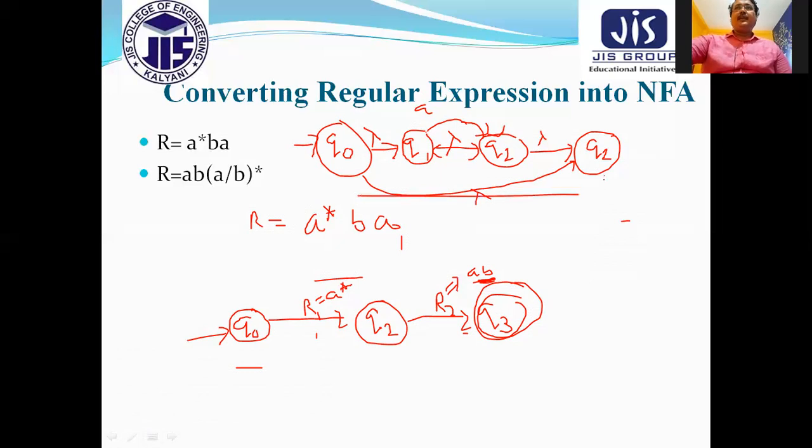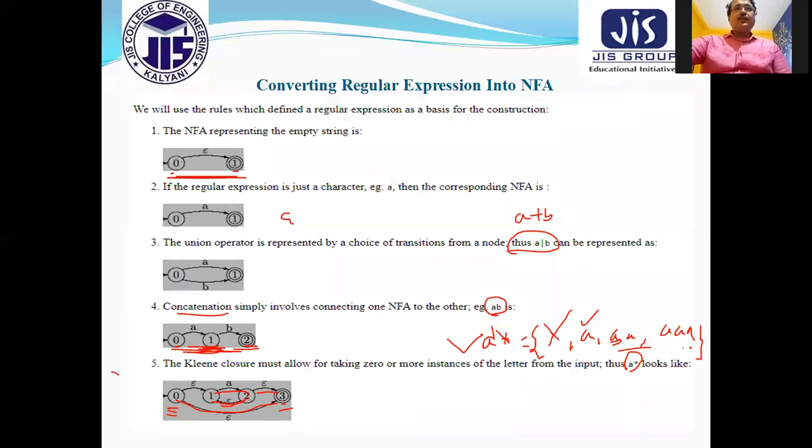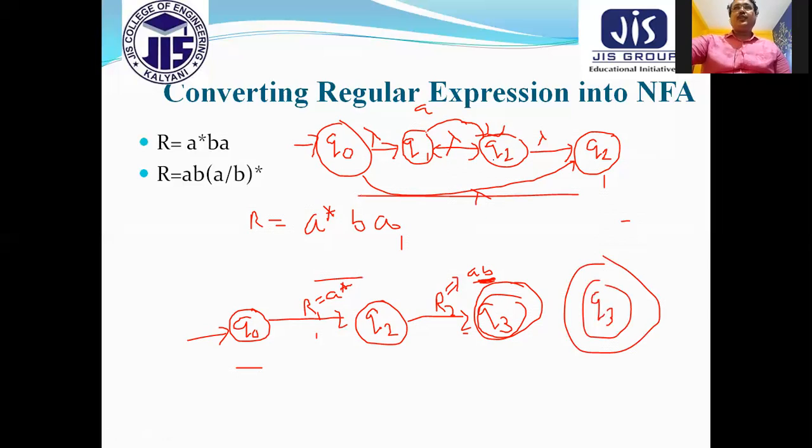Now here I can see that Q3 will be your final state, and between this part we have to introduce one intermediate state. Okay, here I can write, suppose Q1, but Q2 we have already taken here, Q3 already taken, so you have to write this one as 4 because states must differ there. Okay, sorry.